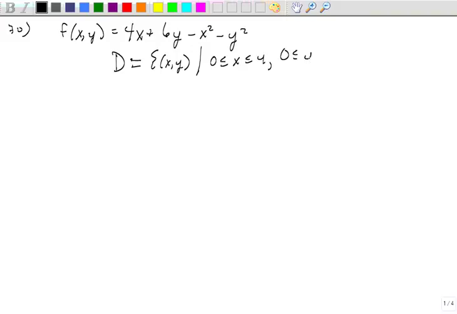So that's a rectangle. x is 0 to 4, and y is 0 to 5.